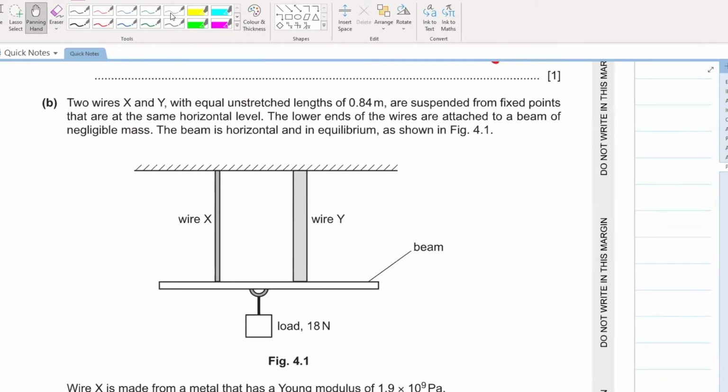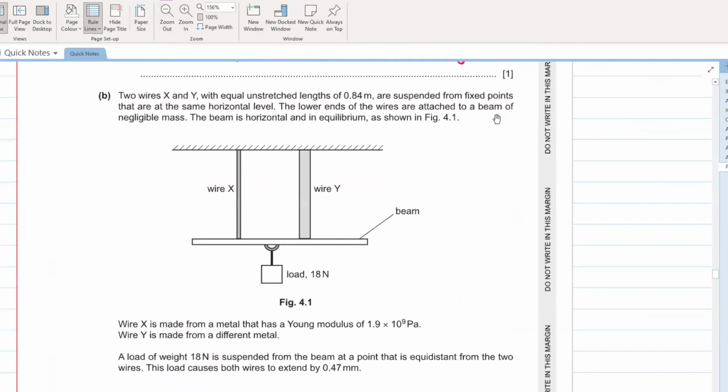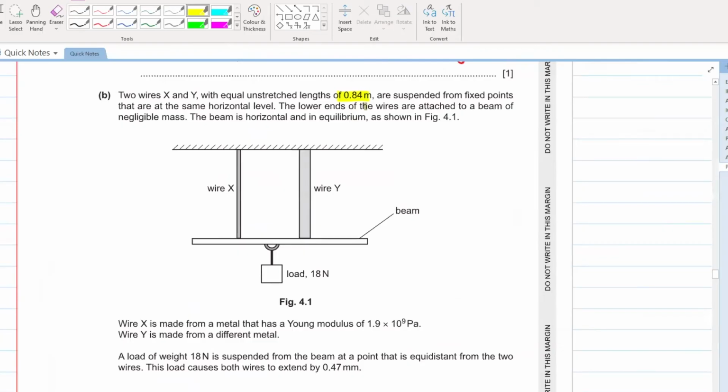Two wires X and Y with unstretched lengths of 0.84 meters are suspended from fixed points that are at the same horizontal level. The lower ends of the wires are attached to a beam of negligible mass. The beam is horizontal and is in equilibrium, as shown in figure 4.1.